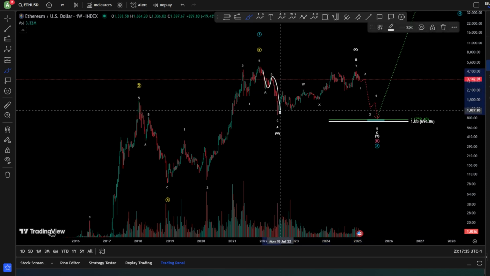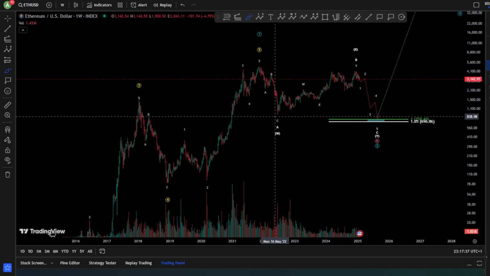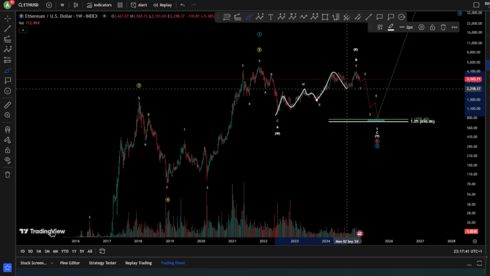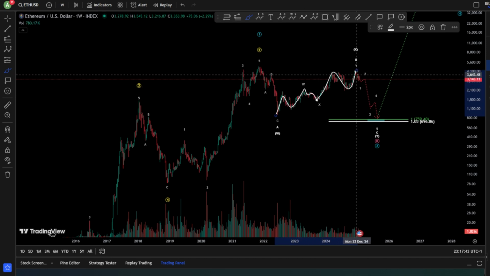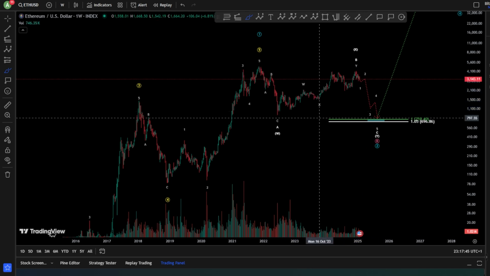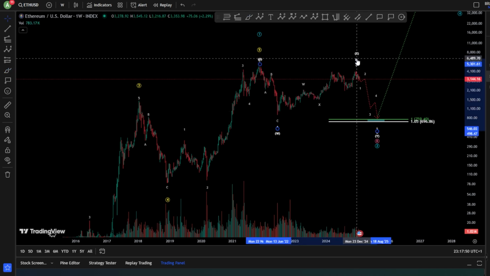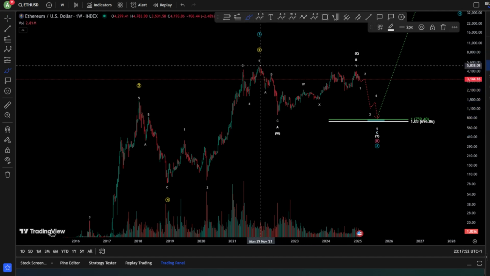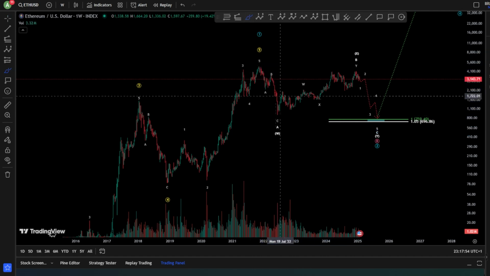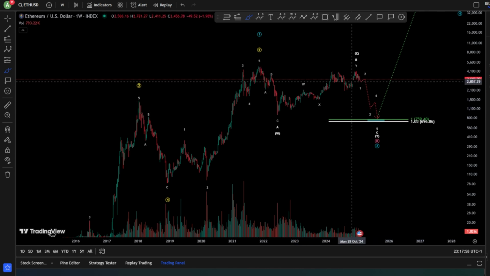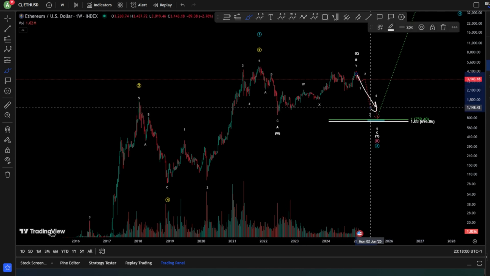After 3 waves down, simply 3 waves up in a W as a zigzag, and another X here as a zigzag, and final wave Y as a triple zigzag combo, WXY. And in this scenario, we have probably finished also a bigger WXY, or probably ABC. Both scenarios would lead us to lower prices.